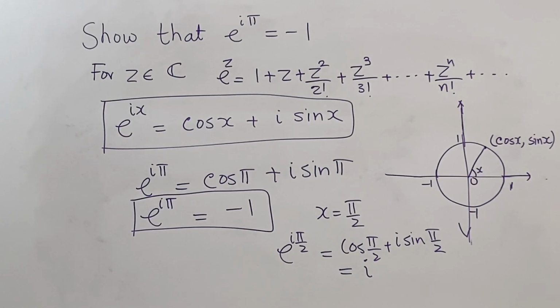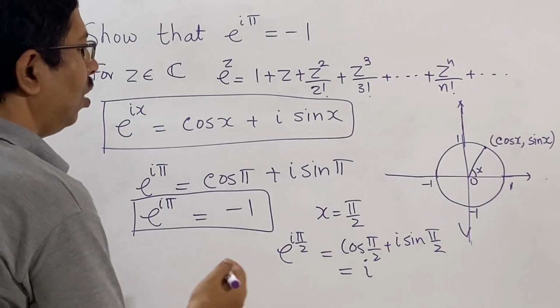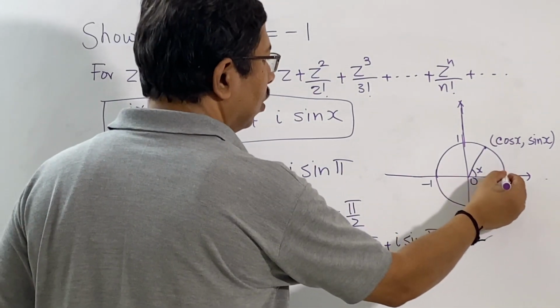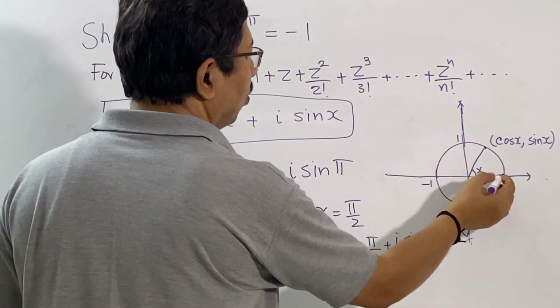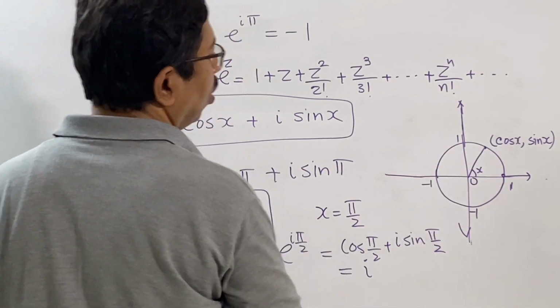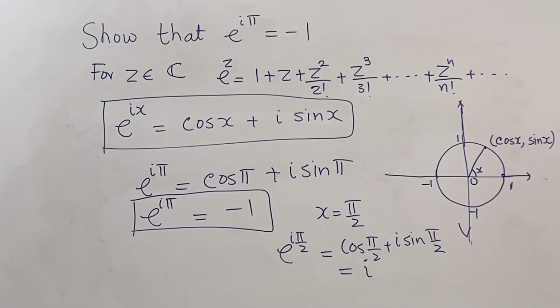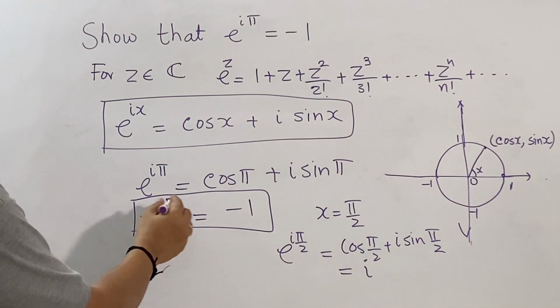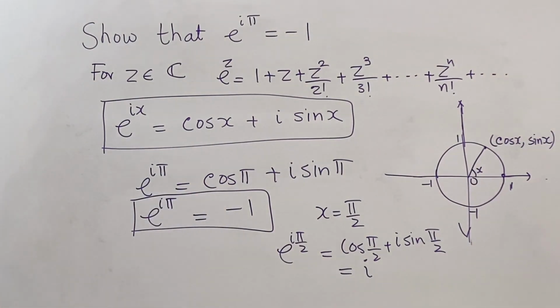And this interpretation is very helpful in trying to understand this identity e to the power i pi is equal to minus 1, because we see that if we start at 1 and take an anti-clockwise rotation by an angle pi, we get minus 1. So e to the power i pi is equal to minus 1 is consistent with the interpretation that we have.